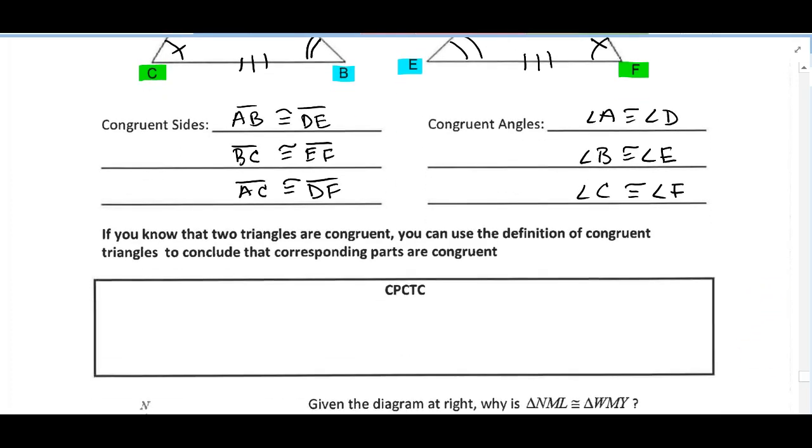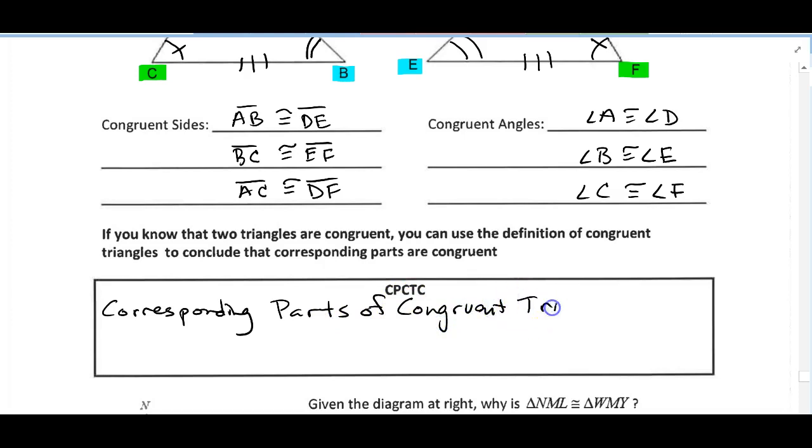Alright, so if you know that two triangles are congruent, you can use the definition of congruent triangles to conclude that corresponding parts are congruent. So we've got CPCTC, which again stands for corresponding parts of congruent triangles are congruent.